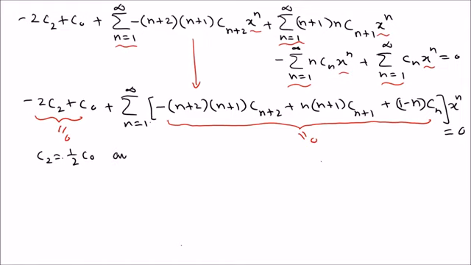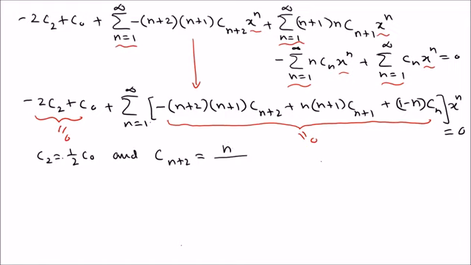And from the second one, if you solve for c_{n+2}, just set this equal to 0 and solve for c_{n+2}. You can see the n plus 1 term gets cancelled from the first two terms.